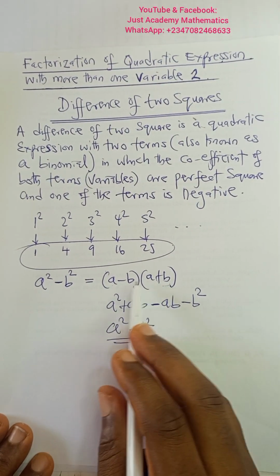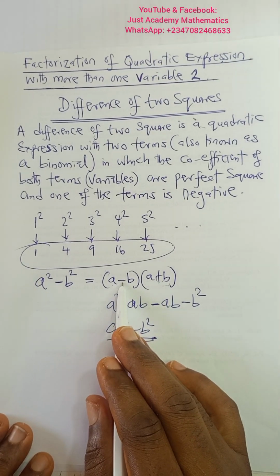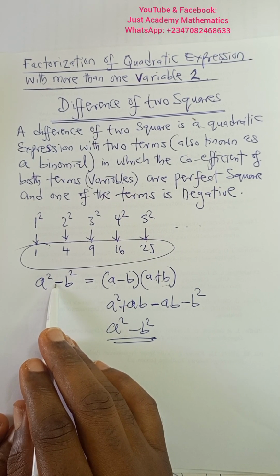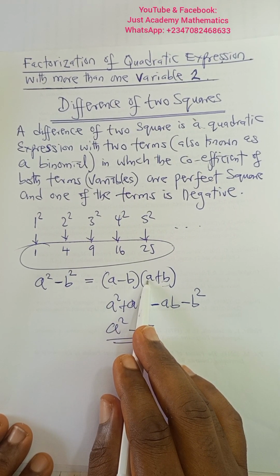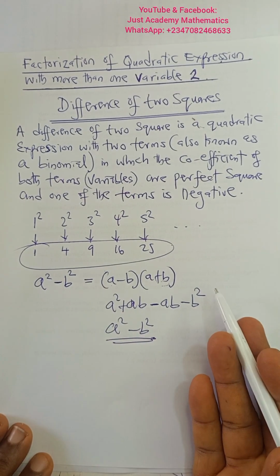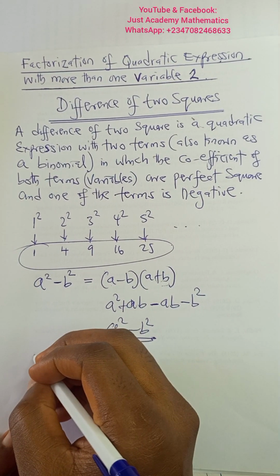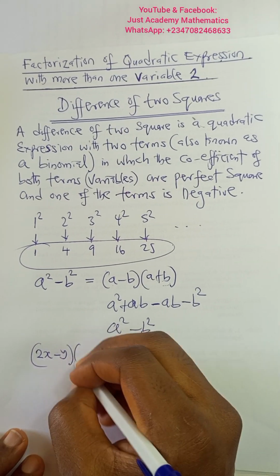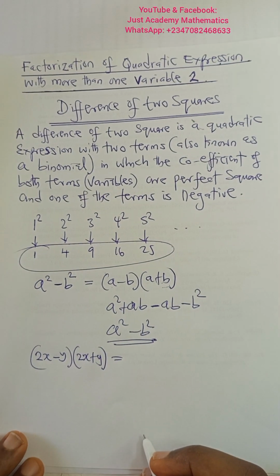So when you have something like this, when the bracket is the same, one is negative, one is positive, know that it will give birth to difference of two square. You can factorize this to this. You can also factorize this to this, depending on what you want. It's vice versa. For instance, if I have something like 2x minus y times 2x plus y, of course, this is difference of two square.